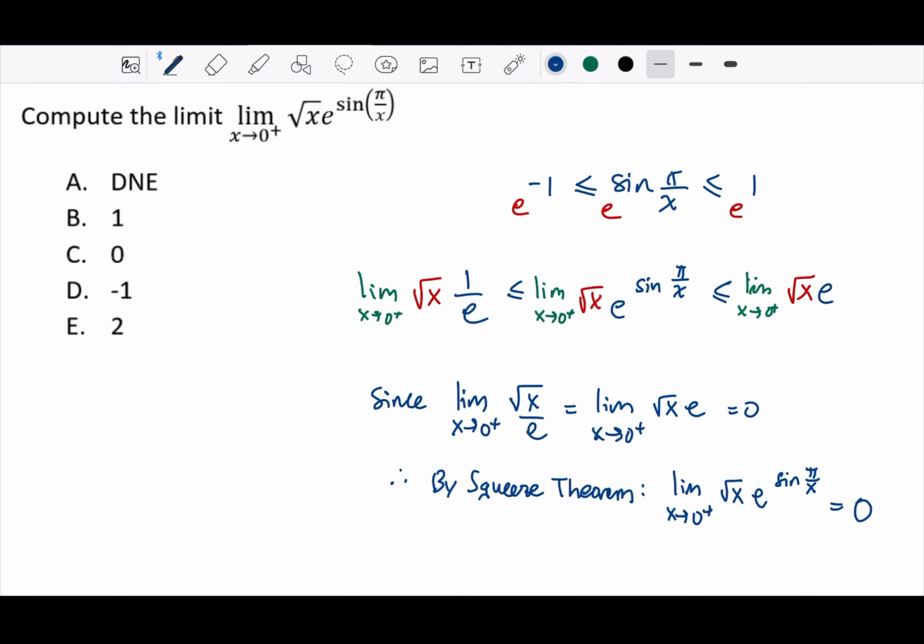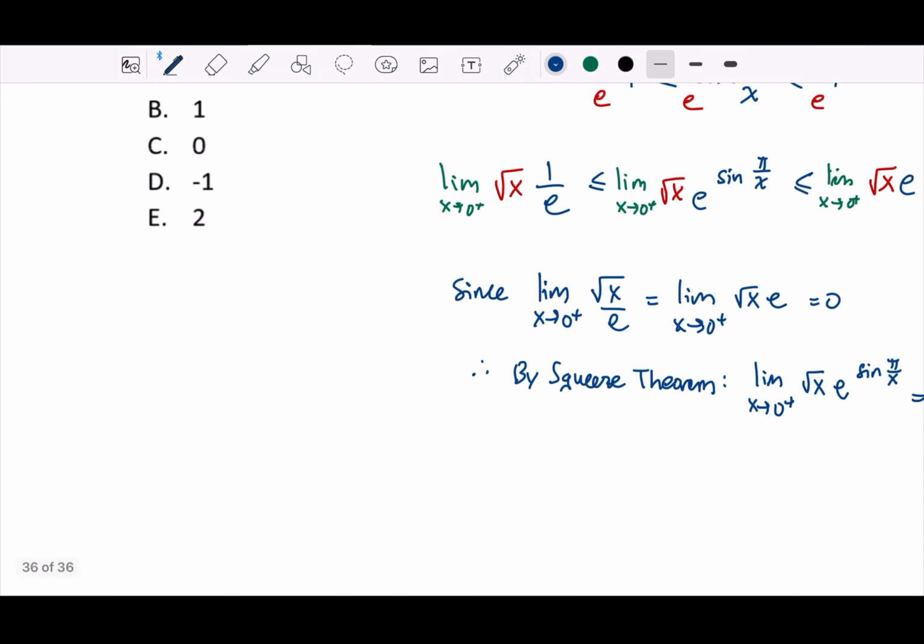And sometimes you need also to see if we have the sine, for example, sine squared x. Now, if we have the square, then we need to be careful that it's not negative 1.